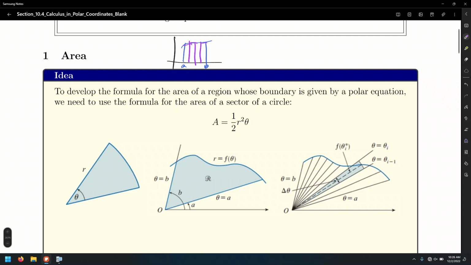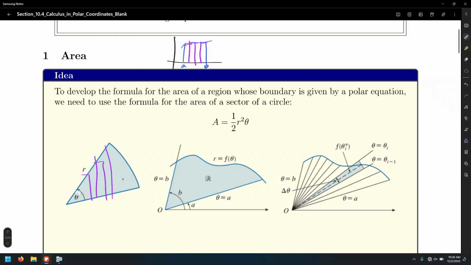That is a much better refinement to get the accurate result. However, in this case, in order to find the area inside a curve in polar form, we're not going to divide this into rectangles. That's not how we're going to do it.